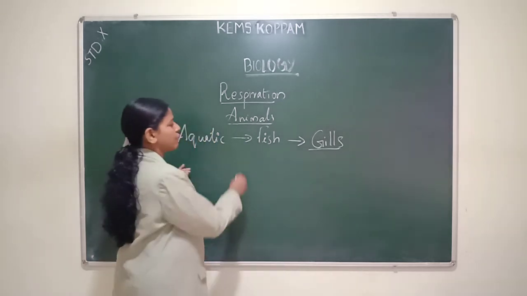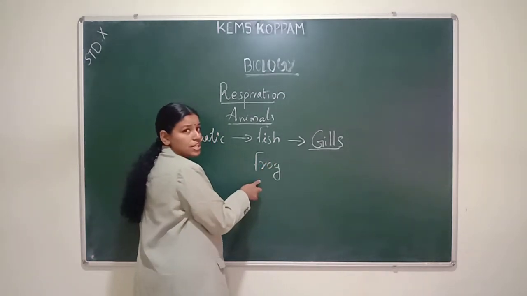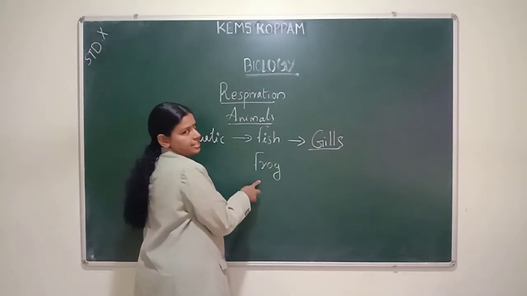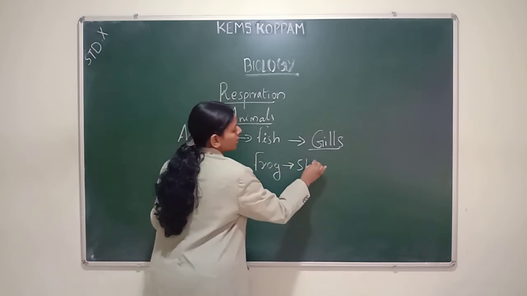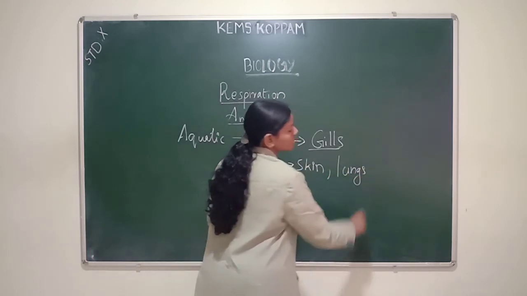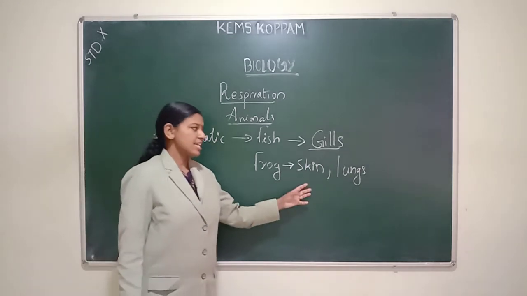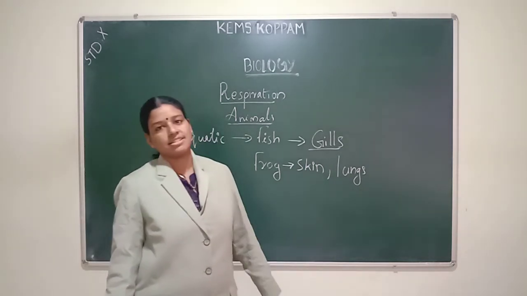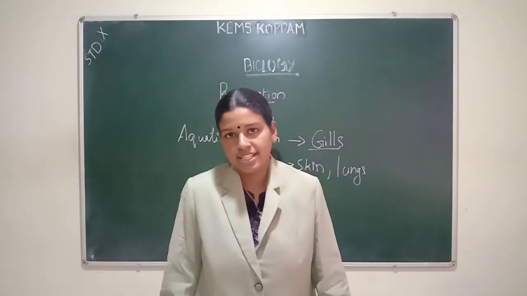In case of frog, which is an amphibian, which lives in both water as well as on land, they have two main things: skin as well as lungs. They will use these two parts as respiratory organs in case of frog. Skin surface as well as lungs, because they live in both water as well as on land.